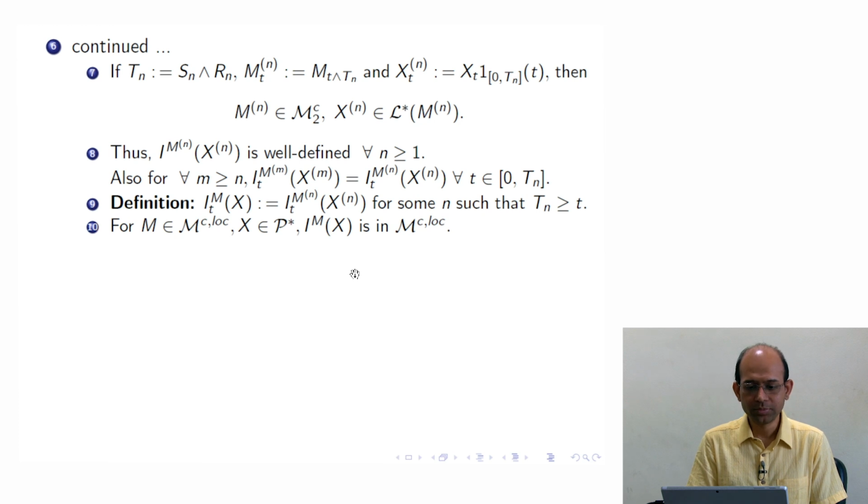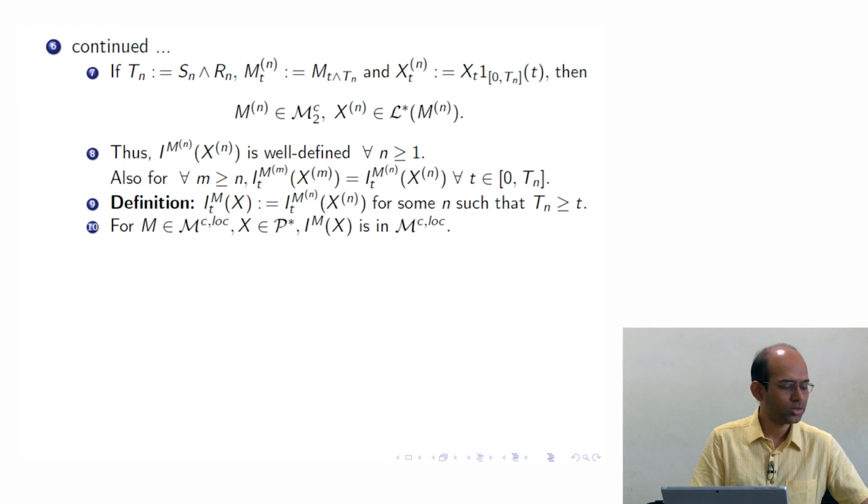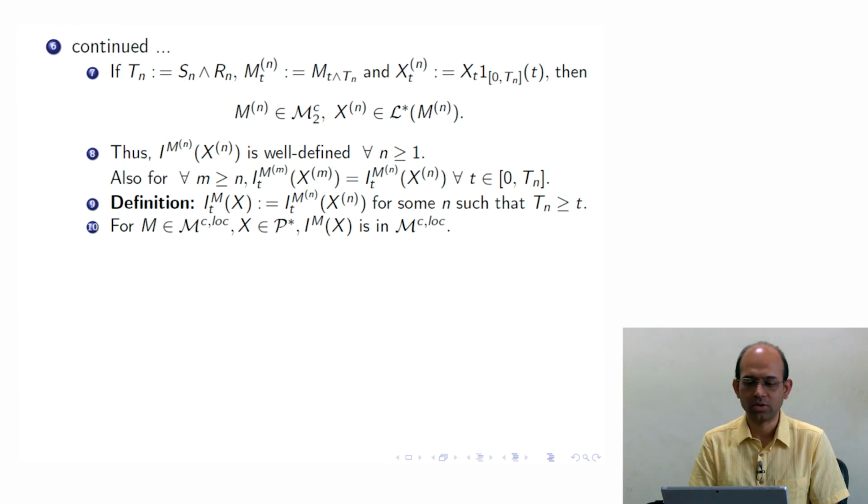So this is a result that, after obtaining this stochastic integration, this process is also a local martingale with continuous path almost surely. So what did we get? This functional I, for x in P star and a given continuous local martingale, gives us another continuous local martingale.